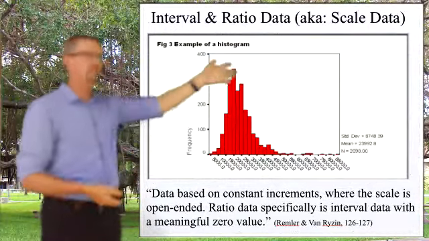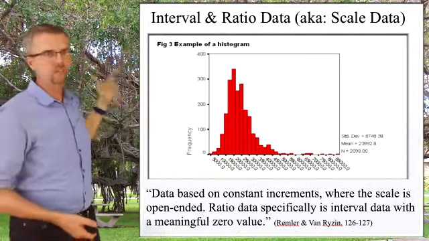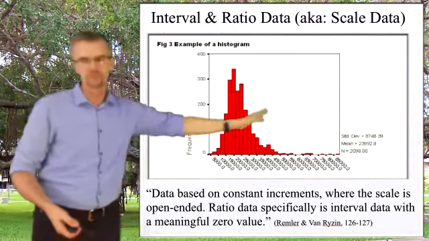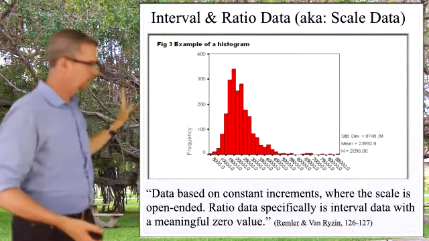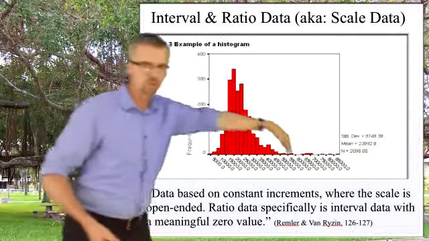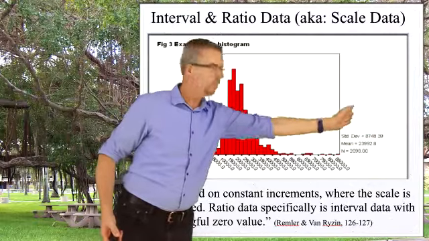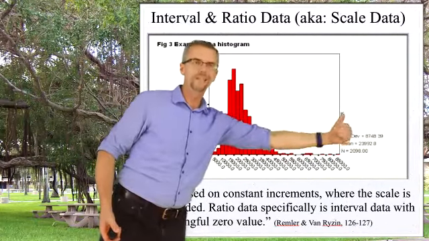Interval or ratio data, also known as scale data, is data based on constant increments. This is $1,000, 2,000, 3,000, 4,000, 5,000, and it goes on to infinity. Now, if you say you don't want this huge skew out here creating this tail, you can take all of the data from here over and lump that into one last category.